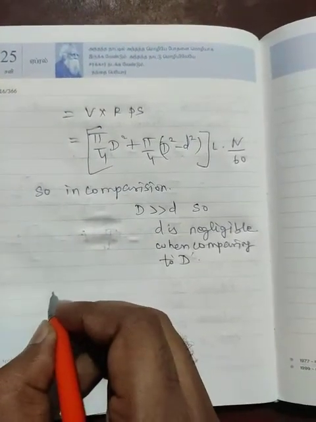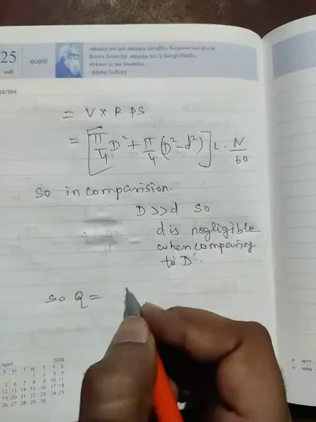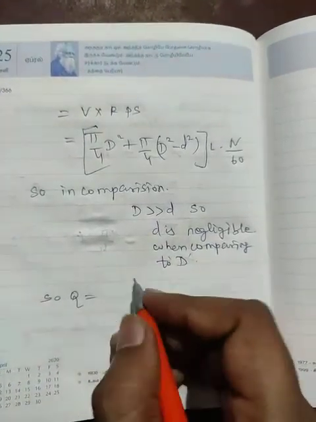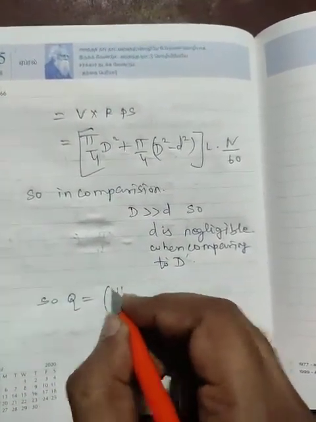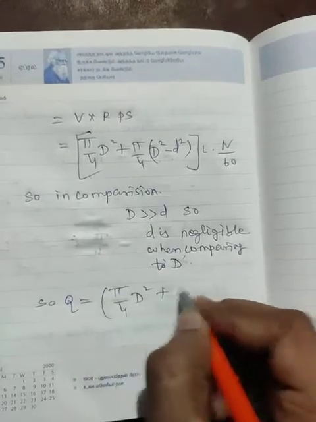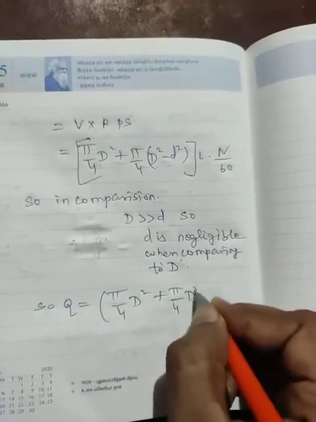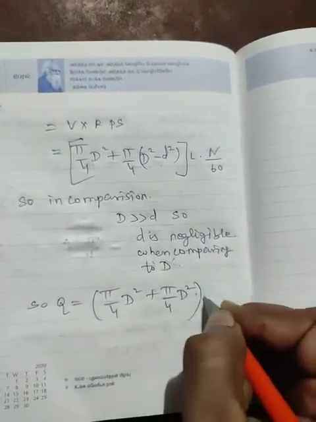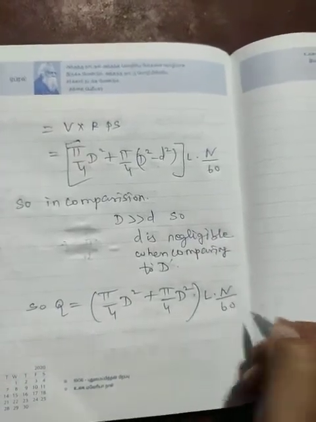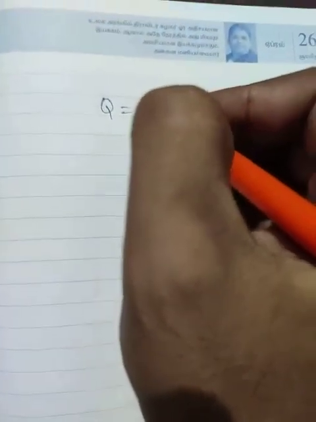The connecting rod diameter is negligible compared to the piston diameter, so we can easily treat it as 0. So finally we can have the equation slightly modified as pi by 4 capital D square plus pi by 4 capital D square minus 0. So it will not have any effect.